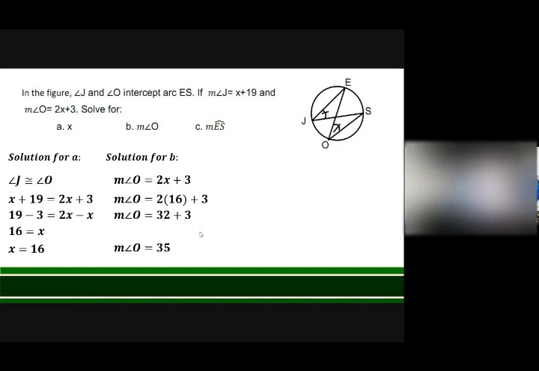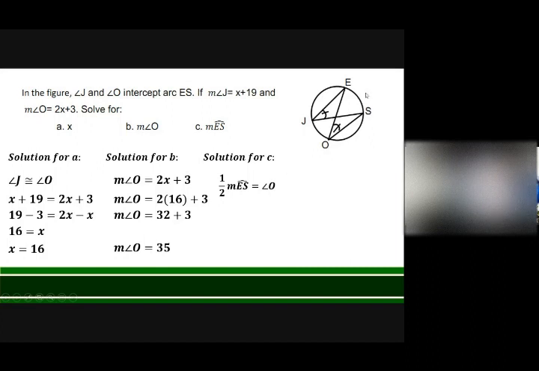Okay, dahil meron na tayong angle O, hanapin naman natin ngayon yung value ng arc ES. So, gagawin lang natin, for solution C, yung 1/2 ng arc ES ay equal daw sa angle O. Okay po.